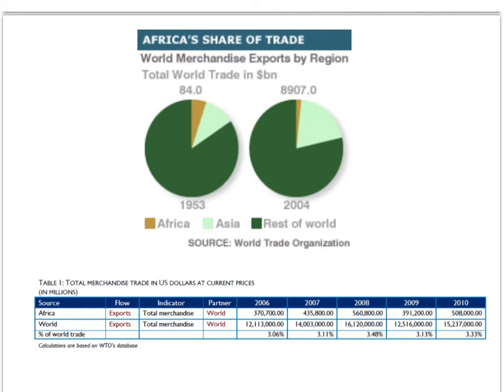Since 2004, Africa has increased its share of international trade a little bit, and from the mid-2000s we can see that Africa's share of international trade has been around 3 to 3.5%.